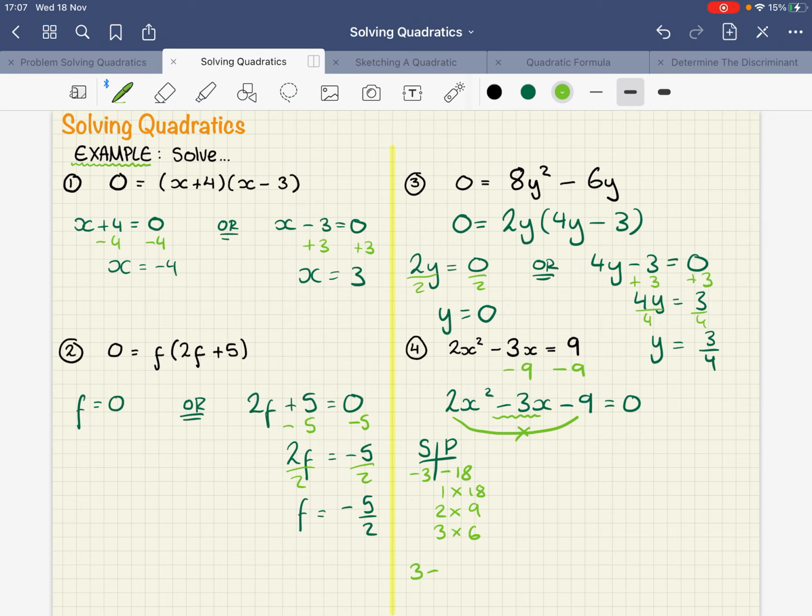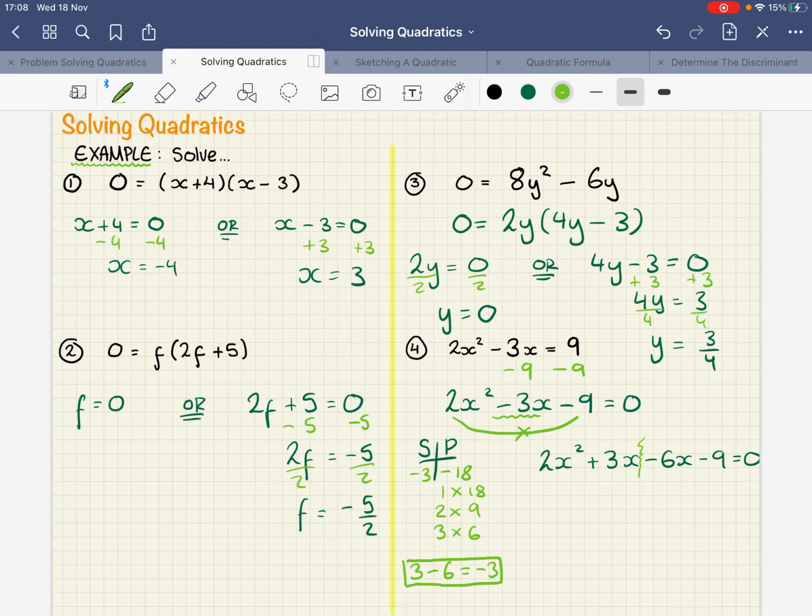And if I did 3 take away 6, that is going to give me that minus 3 from my sum. So going back to my equation, I'm going to have 2x squared plus 3x minus 6x minus 9, and that equals 0.